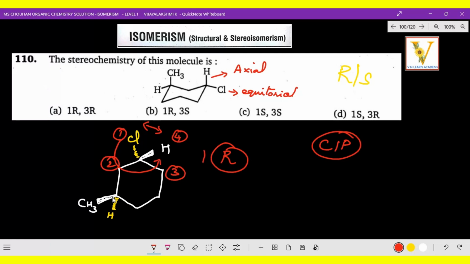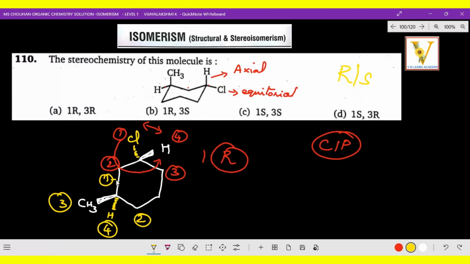Now the third chiral carbon, we have to check it. Let us check. In the third chiral carbon, this carbon is 1, this is 2, this is 3, and of course this is 4. The fourth priority is on the dash position only.